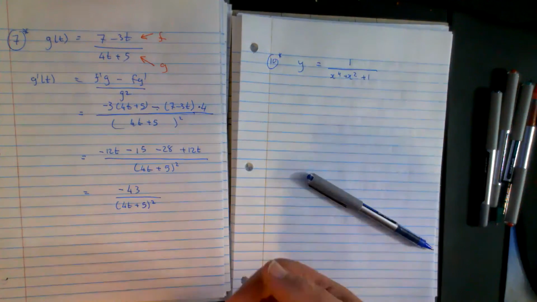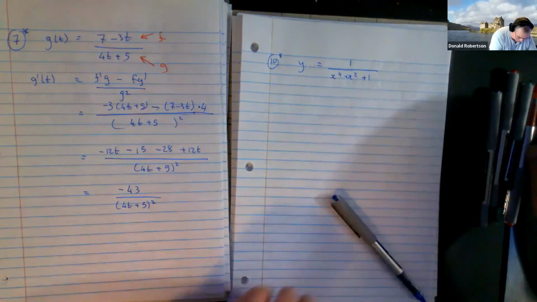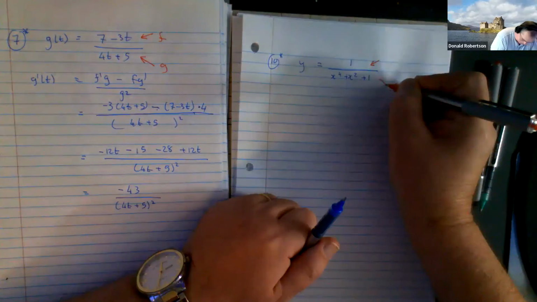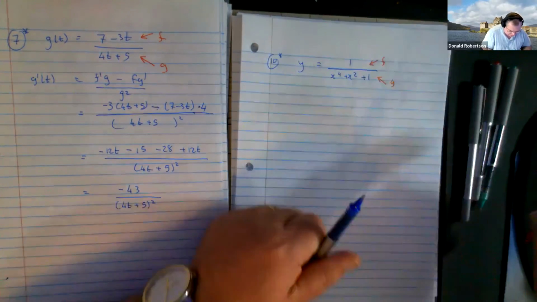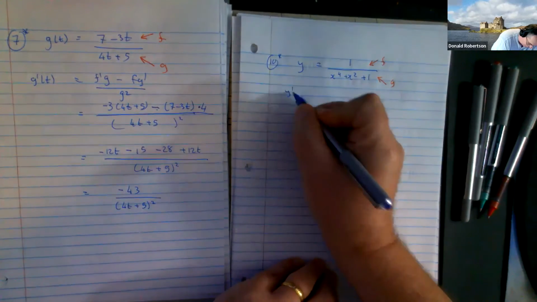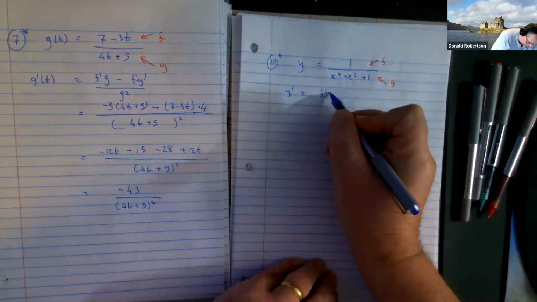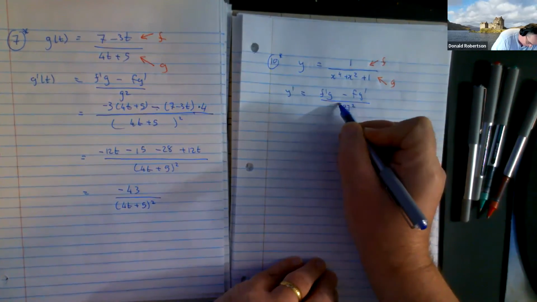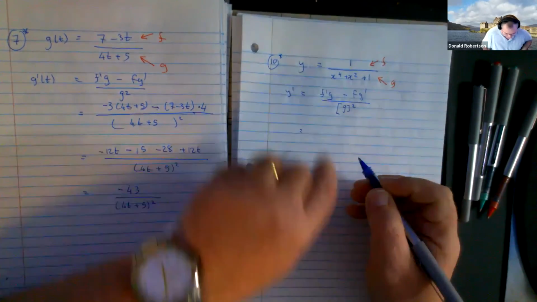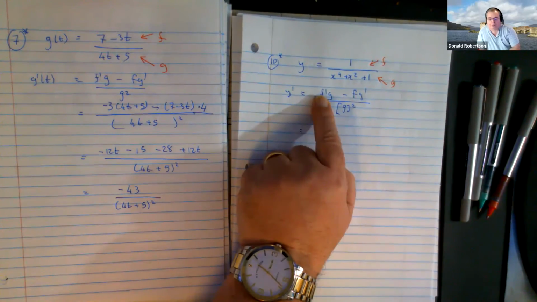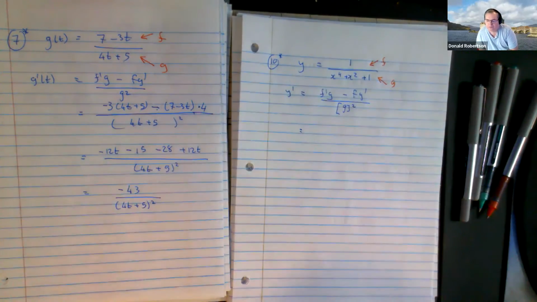Thank you. Okay. So what's weird about this one? There's only the number 1 on the top. Sometimes the simplest things can throw you. So it's f dash g, take away f of g dashed over g squared. Well, right off the bat, what is the derivative of the top? 0.